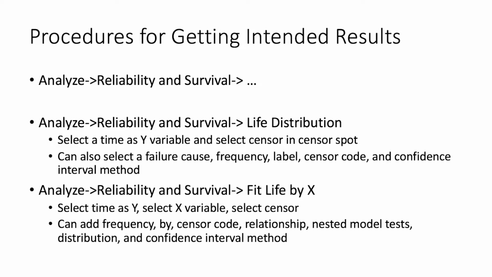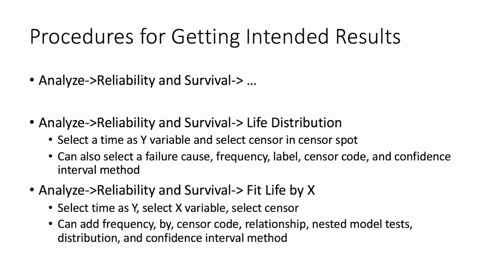In this presentation, we will demonstrate and analyze a life distribution and fit life by X. For the life distribution, you select a time as the Y variable and select a sensor to put in the sensor spot. You can also select a failure cause, frequency, label, sensor code, and confidence interval method depending on the data available.